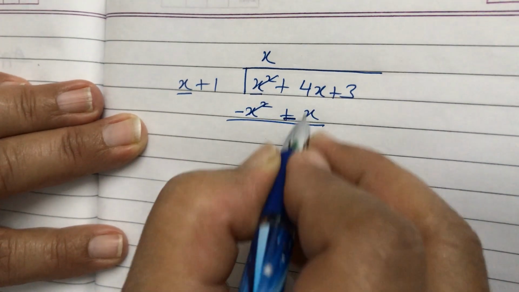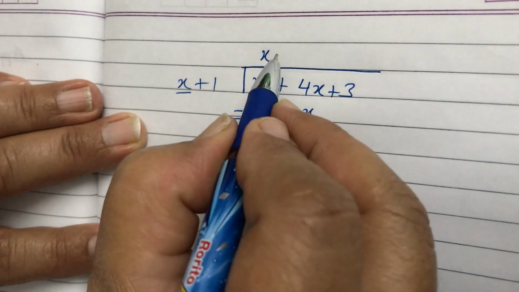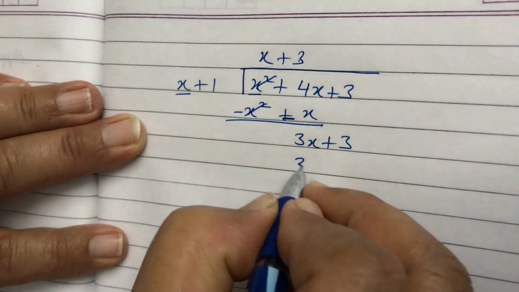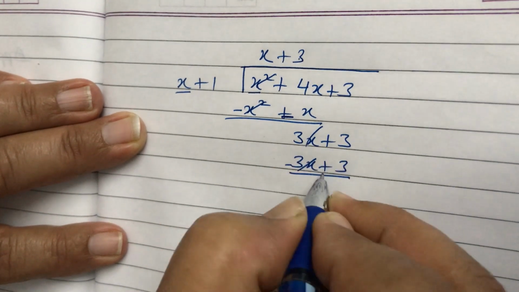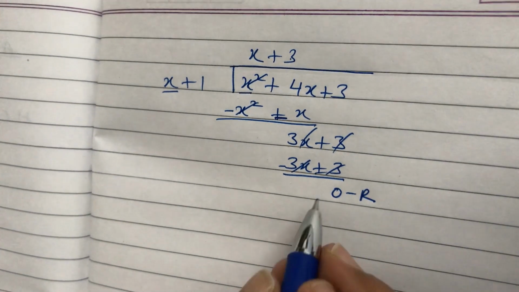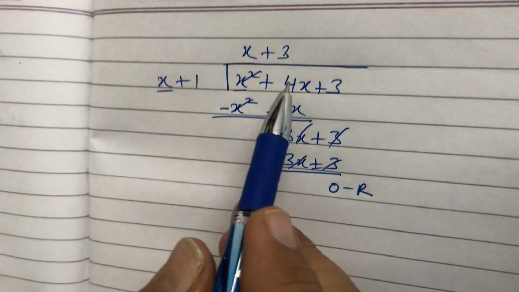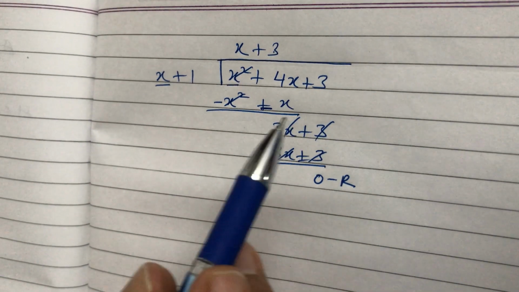We subtract. This is 3x plus 3. We then multiply the 3 with x and with 1. We get 3x plus 3. This cancels out and the remainder is 0. Now since 0 is the remainder, therefore x plus 1 is a factor of x square plus 4x plus 3.